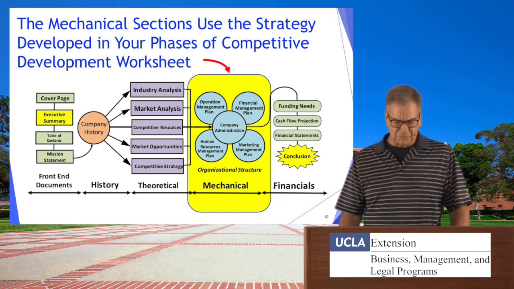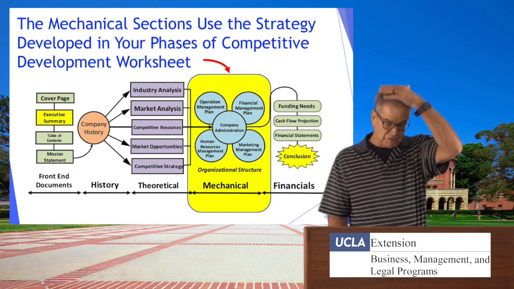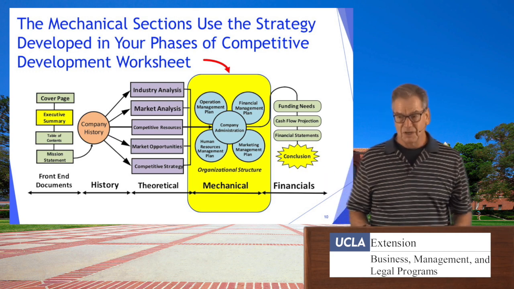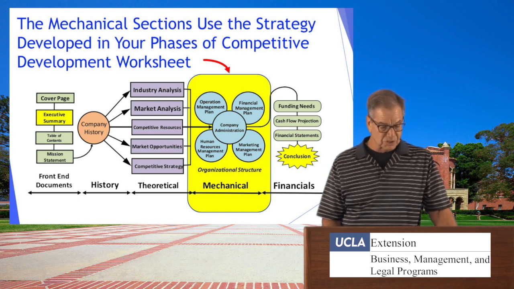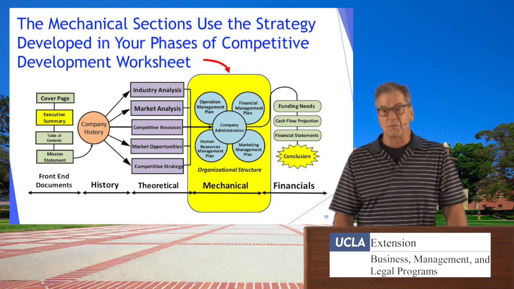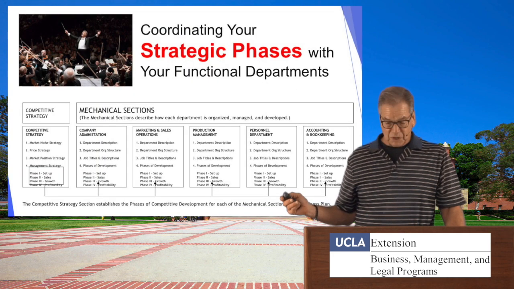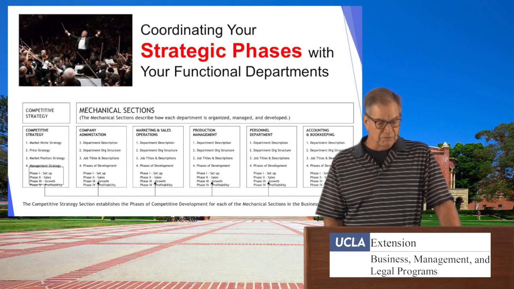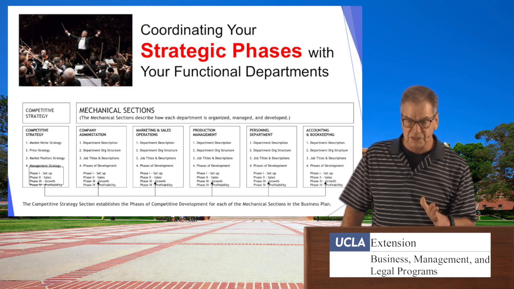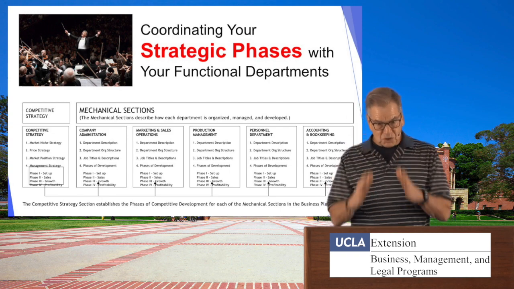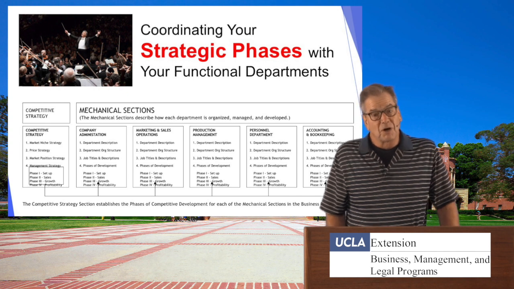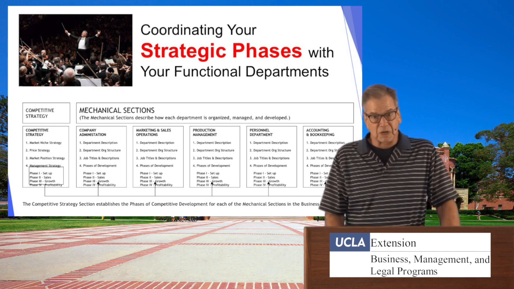Okay, so now we're going to start getting into the details of how we're going to develop the format of the mechanical sections of your business plan, or of your organization in terms of developing an operational manual. One of the things we want to point out, as we pointed out in previous lectures, is that when we developed the competitive strategy section in terms of our internal management strategy, one of the objectives was, as you recall, to develop our phases of competitive development strategy.